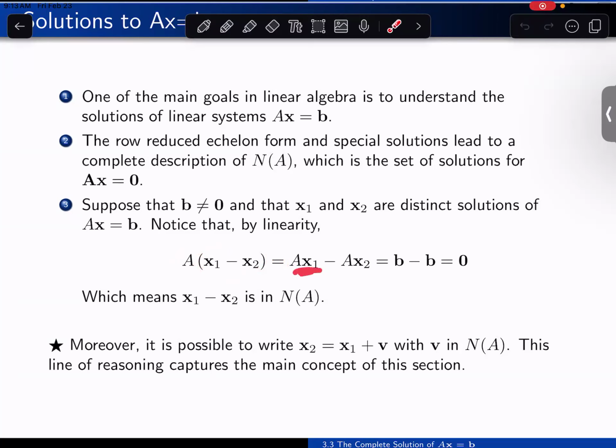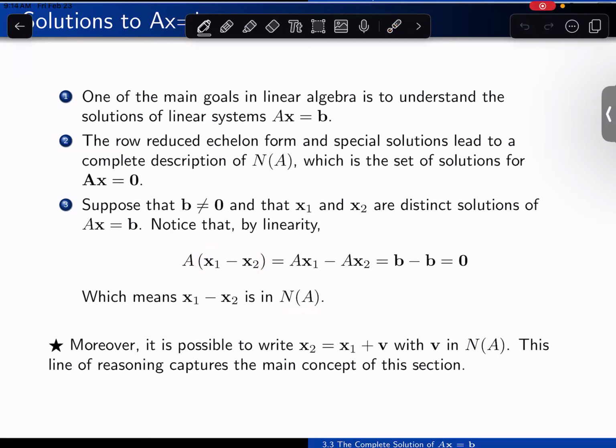We know A times x1 is equal to B, and A times x2 is equal to B as well, since they're solutions of this equation. So this gives you B minus B, which is equal to the 0 vector. This tells us that if you take two solutions and subtract them from one another, you get a vector that ends up being in the null space.